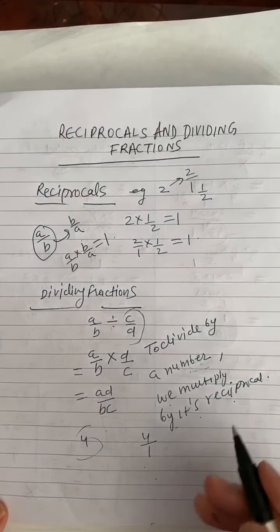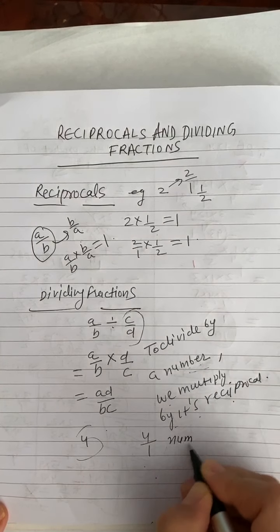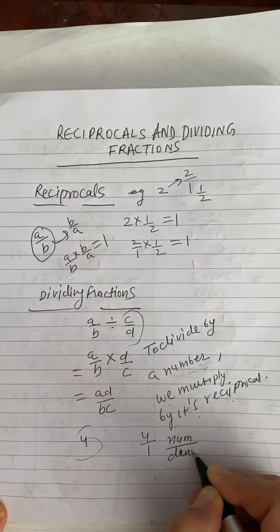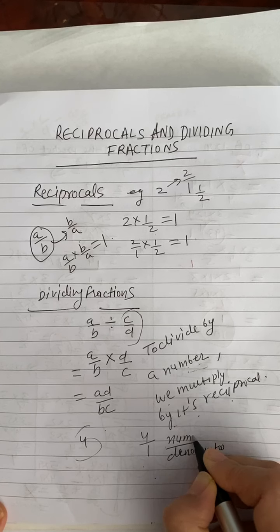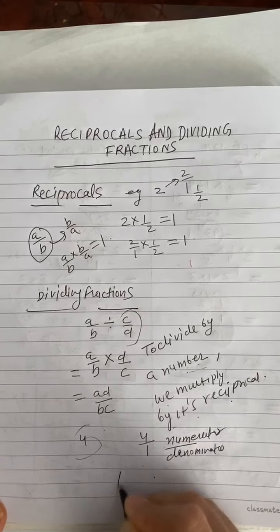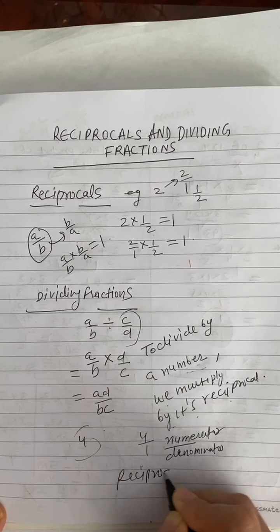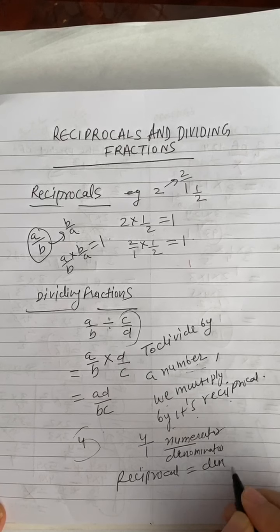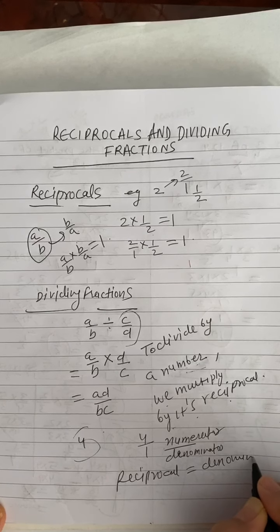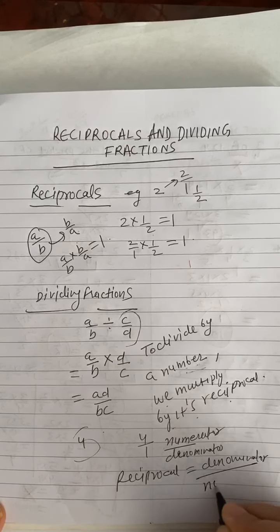So in reciprocal, if we have numerator over denominator, the denominator will become the numerator, and the numerator will become the denominator.